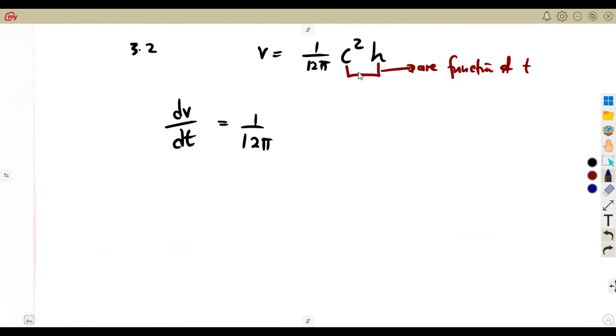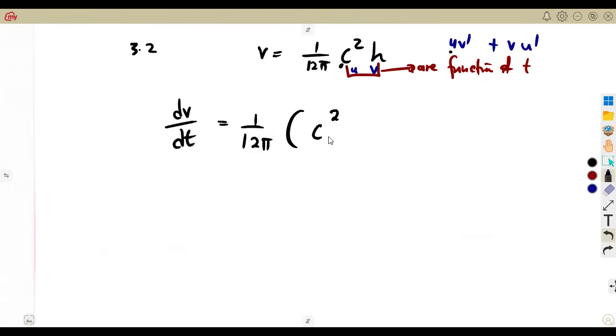Remember our product, so we're going to take this as our u, and the other part as our v. Then we consider our product rule: u times the first derivative of v, plus v times the first derivative of u. So with respect to t, we take our u as it is, it's not affected.